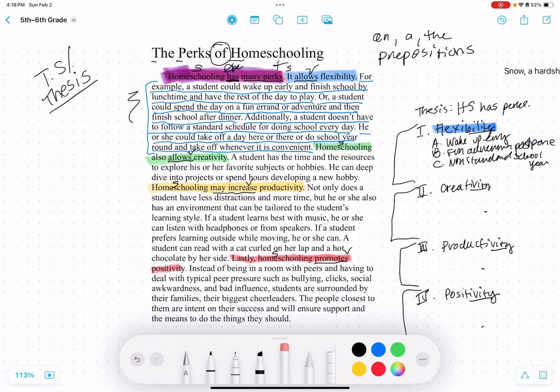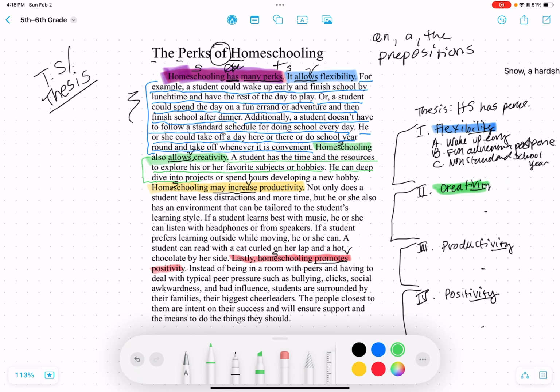Now let's go to creativity. All right, now homeschooling allows creativity. Every single sentence from that point on is going to be about creativity. Let's read. A student has the time and the resources to explore his or her favorite subjects or hobbies.